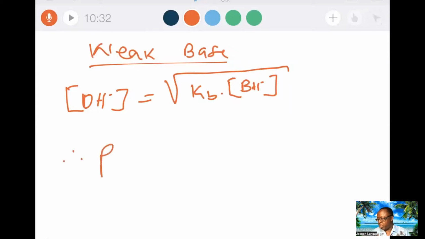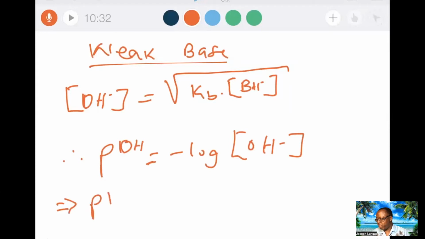Therefore, pOH is given by negative log of hydroxide concentration. This implies the pH of a weak base is given by 14.00 minus pOH.